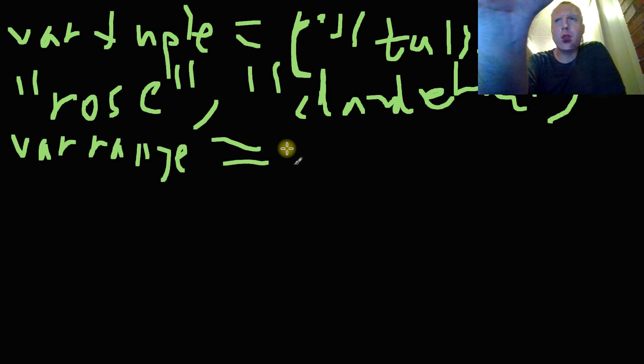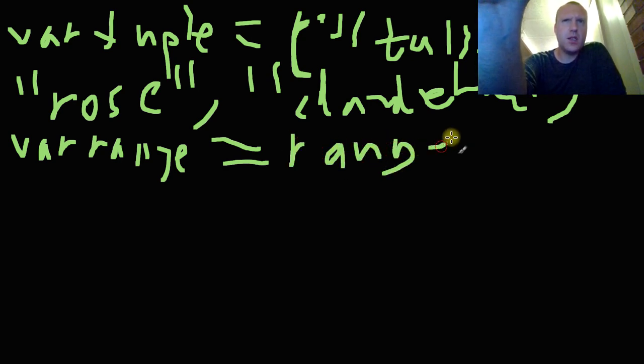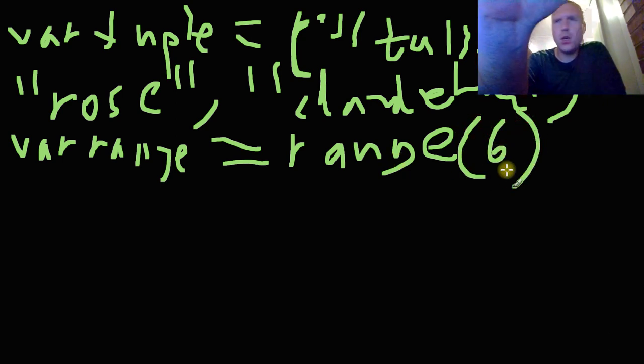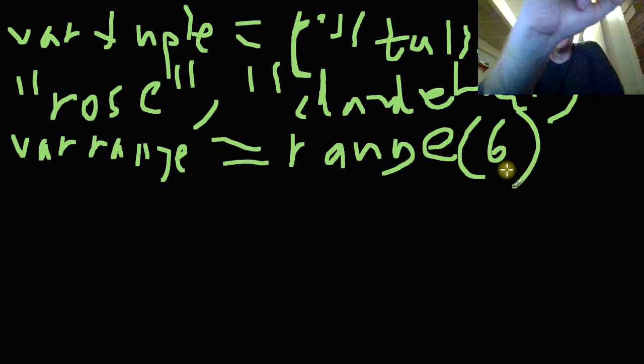I'm sure it goes from 0 to 6. Usually it counts 0. So, which is range. I'm guessing this is for more or less just manipulation of other variables, but I'm not even sure. I haven't used that one too much.